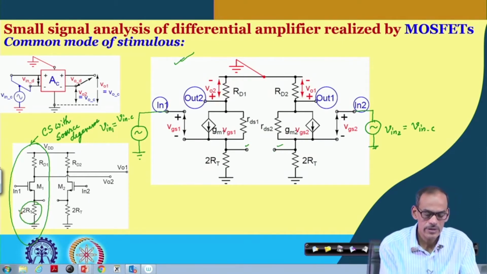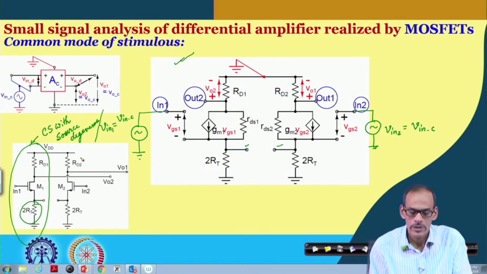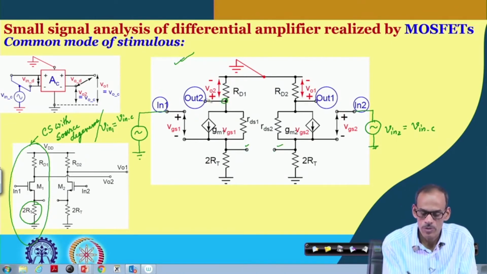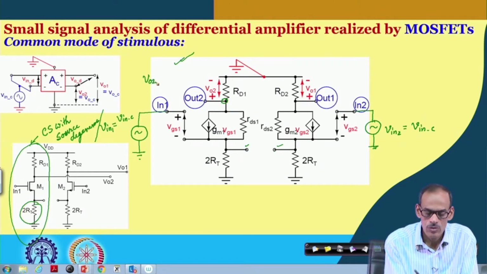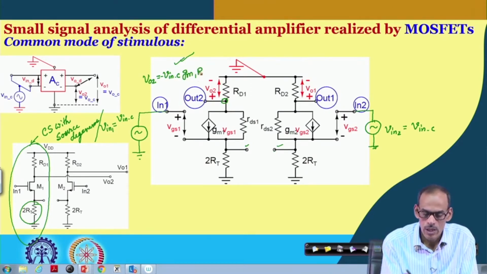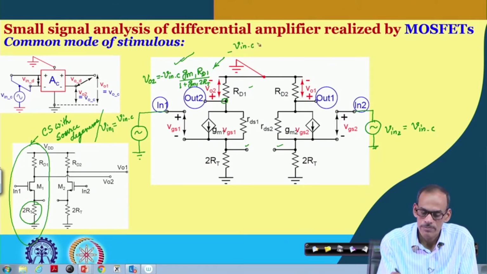So, this is the source degenerator, and we know its consequence, namely the signal coming at its output will be VO2 equals the input V in C with a minus sign, and then GM1 RD1 divided by 1 plus GM1 into 2 RT, or you can approximate this by minus V in C GM1 RD.